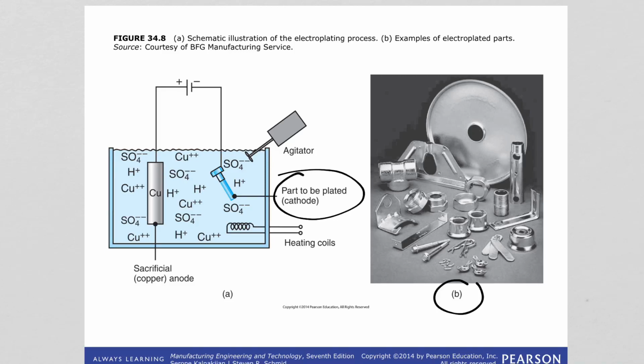Metals such as gold, silver, platinum are important electroplating materials in the electronics and jewelry industry for electrical contact or decorative purposes. And plastics like polypropylene and polycarbonate also can be electroplated.